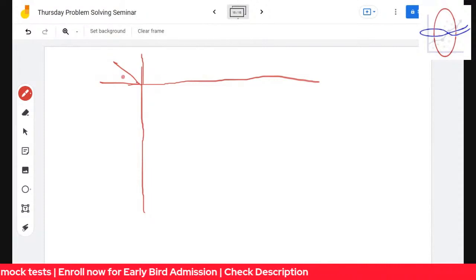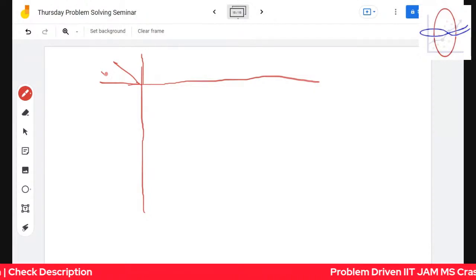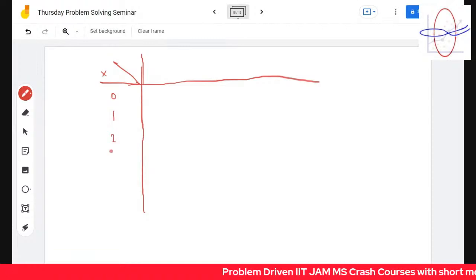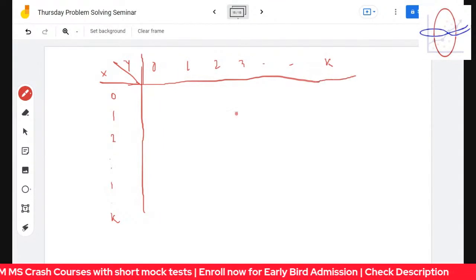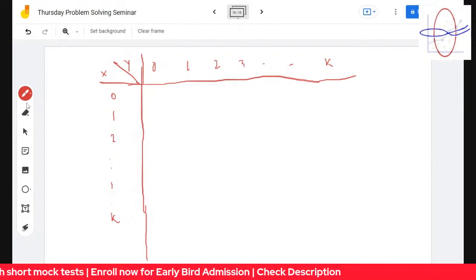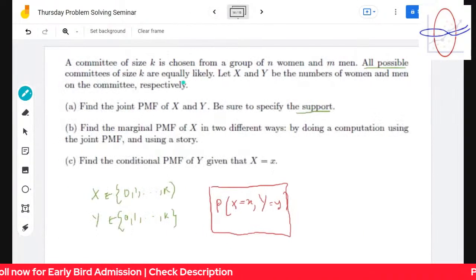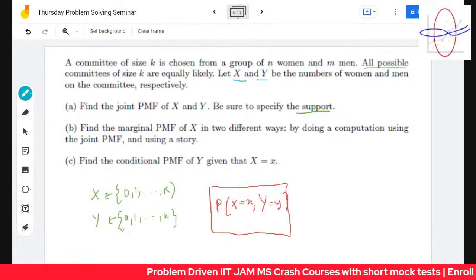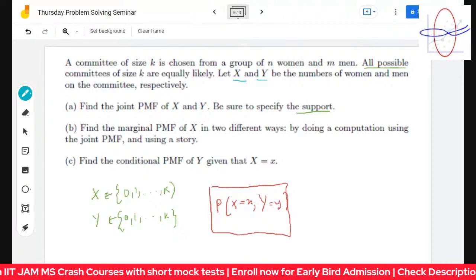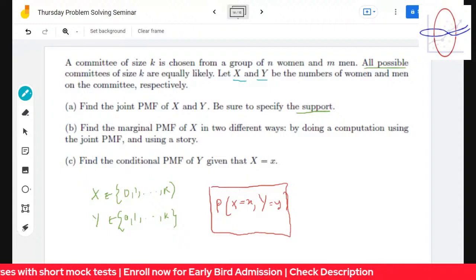If you make this table, you will see that x takes values 0, 1, 2, up to k, and y takes values 0, 1, 2, 3, up to k. Now there is one condition. There's a relationship between x and y. Can someone tell me what the relationship between x and y is?